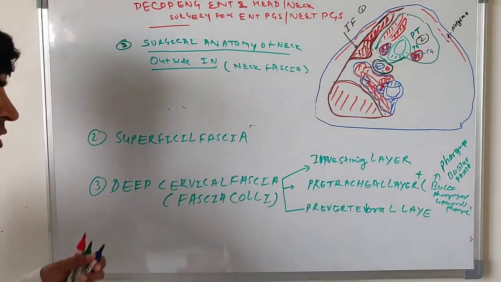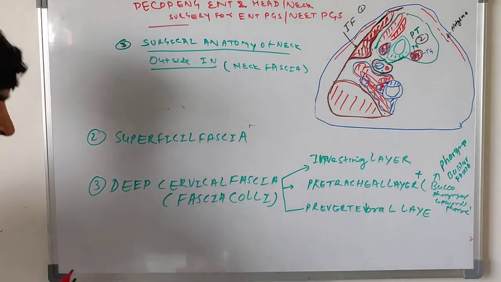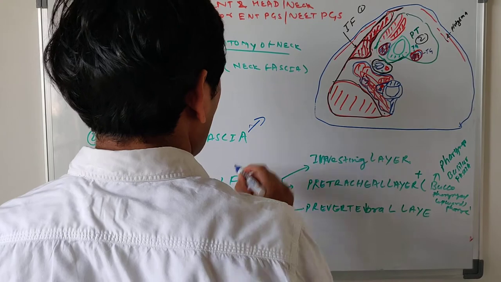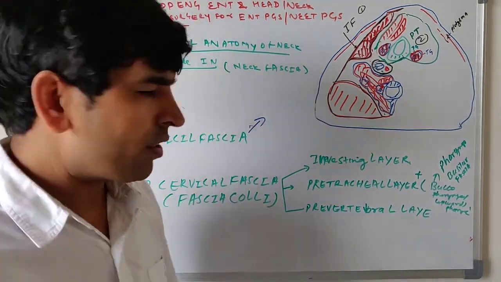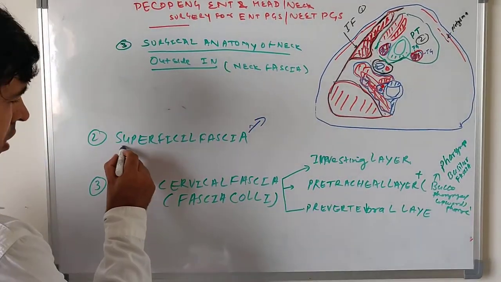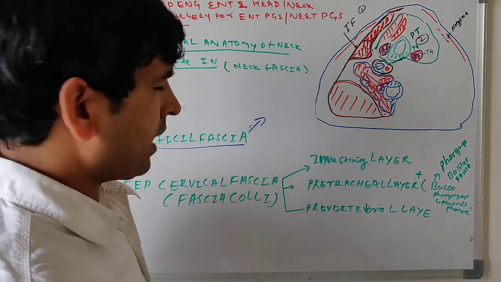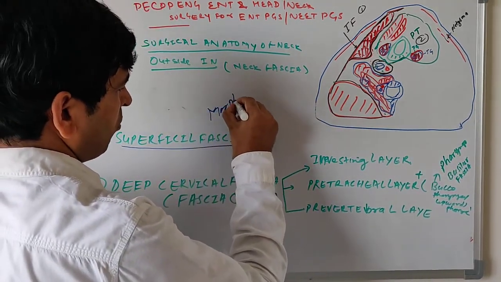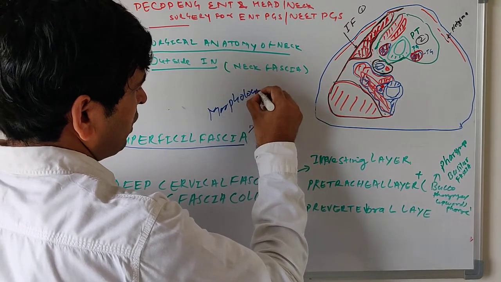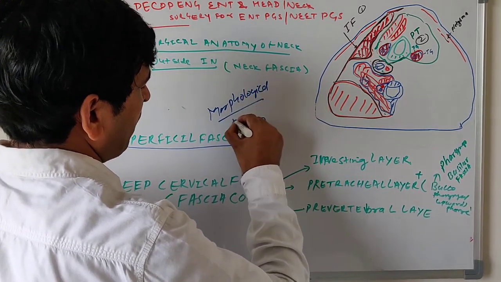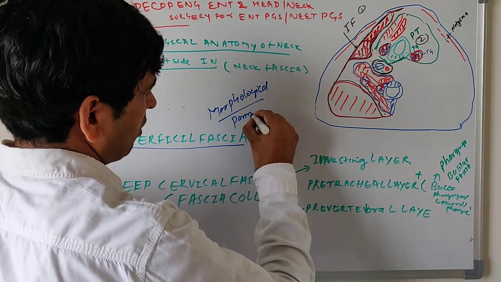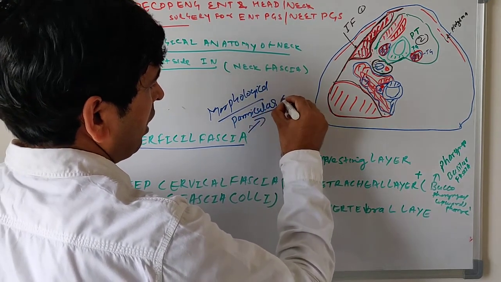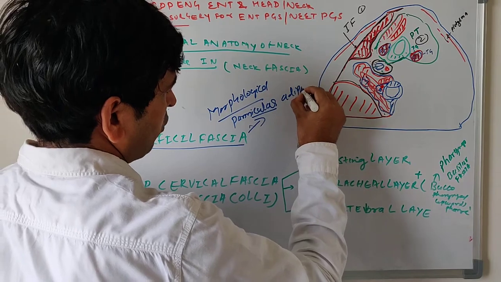Now we will talk about the superficial fascia. The superficial fascia of the neck is morphologically derived from the panniculus adiposus.